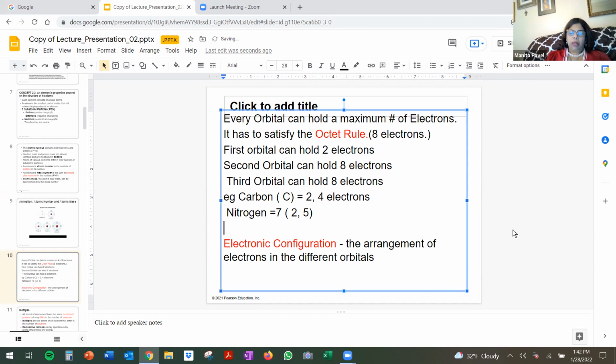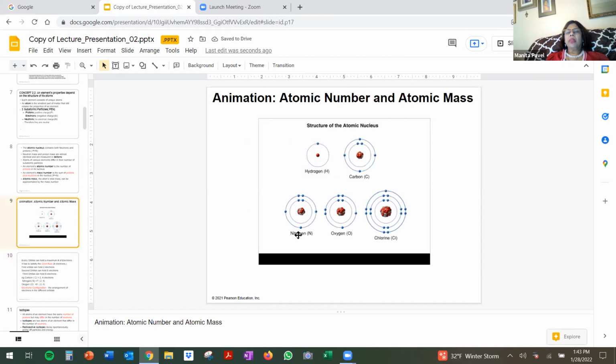I'm going to put oxygen, the abbreviation, so everybody can refer to this PowerPoint slide. For oxygen, if oxygen is equal to 8, the first orbital can hold a maximum of 2, then 6. So we can clearly see this.